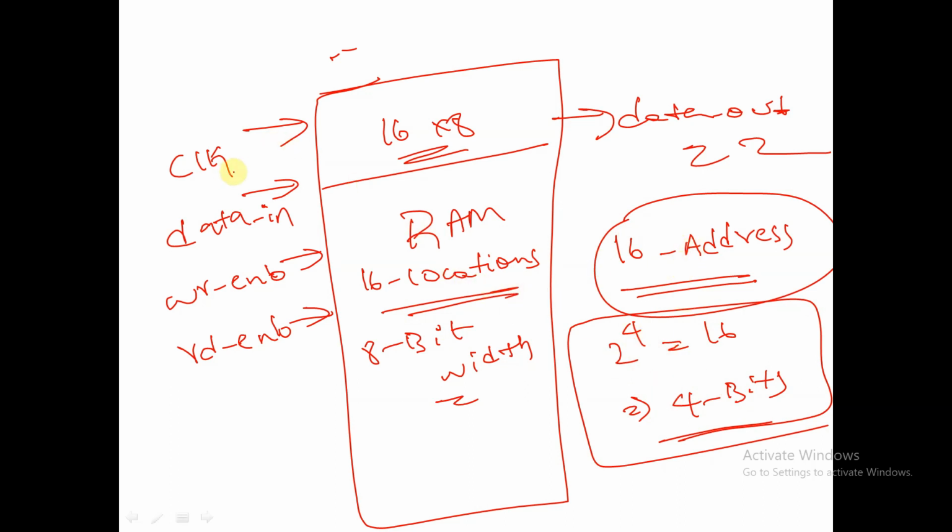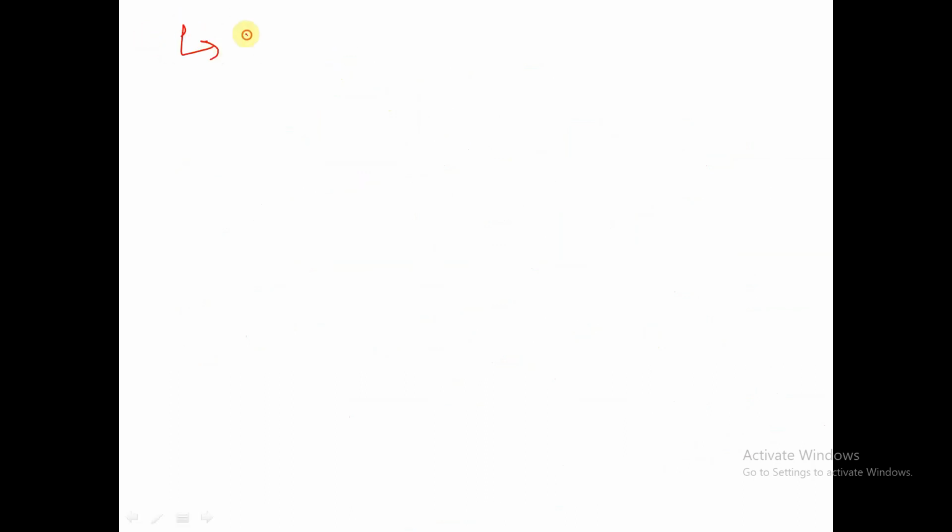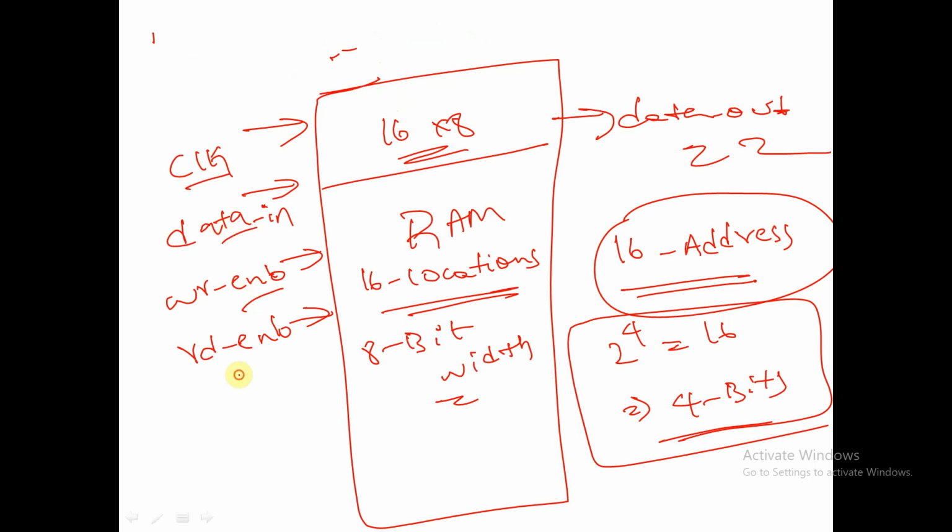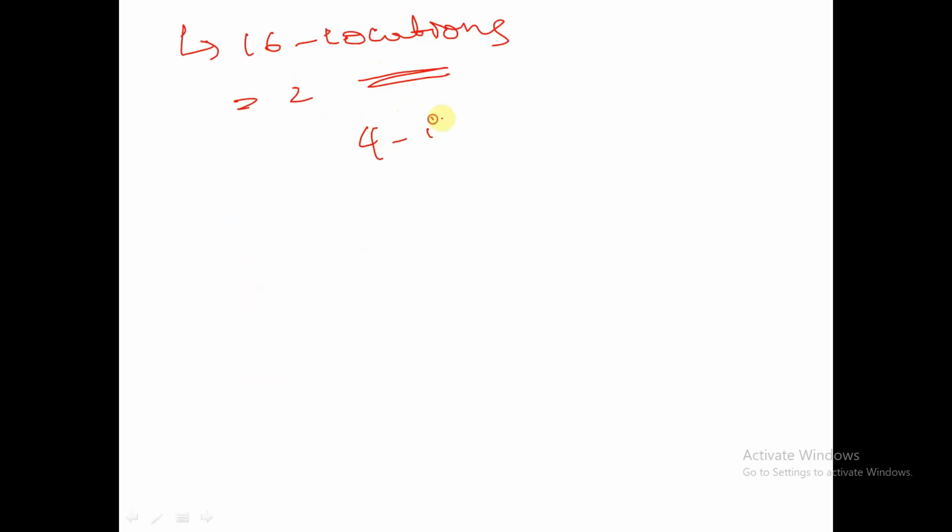So in this case, we have designed this RAM, and if we want to test it, there are a total of 16 locations. Please listen to this carefully. If you have any doubt, you can ask me. In this RAM, we have 16 locations, and 4 input signals.